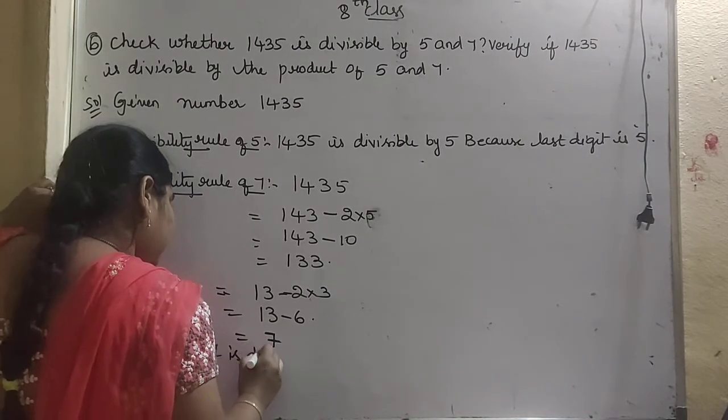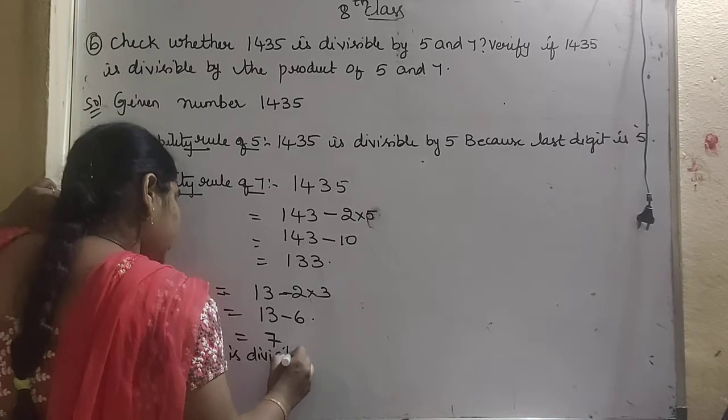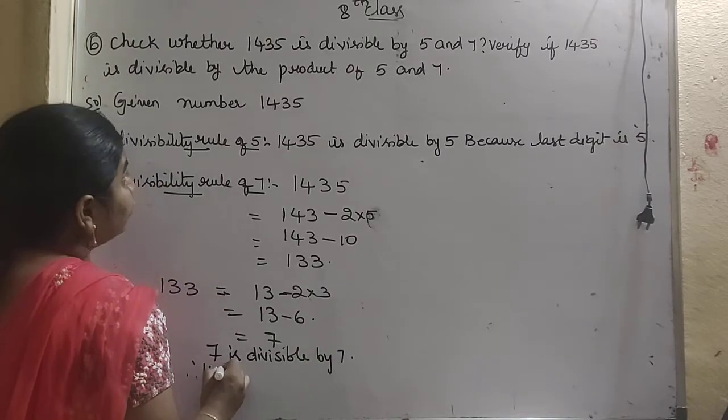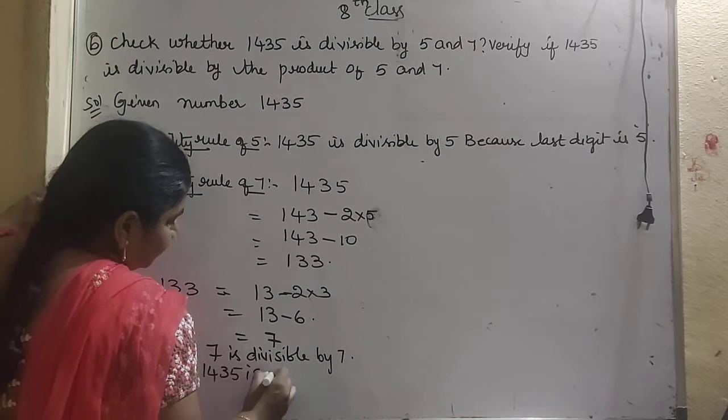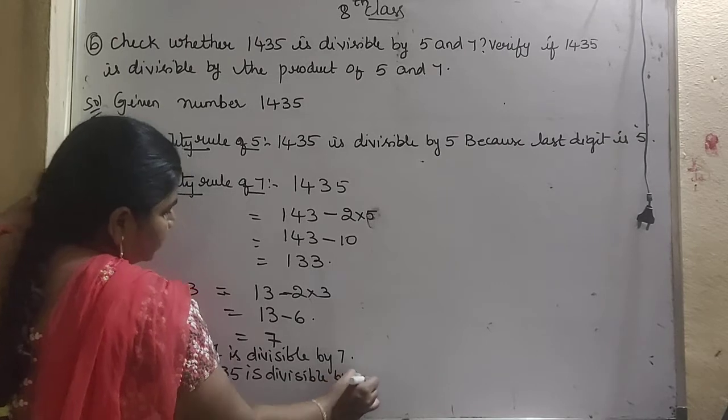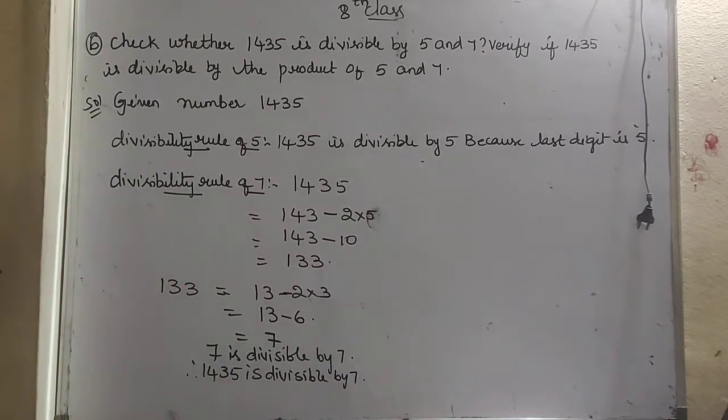Therefore you can write 1435 is divisible by 7. So with 5 it is divisible, and with 7 it is also divisible.